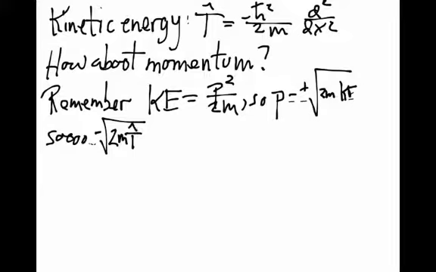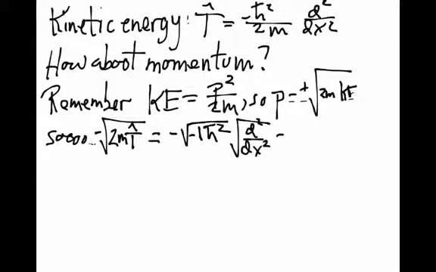Let's take the negative sign of that plus or minus square root, and work away on the kinetic energy in quantum mechanical terms. So I'm going to take minus the square root of twice the mass times that kinetic energy operator. That's minus the square root of, let's see, there's a minus 1, h bar squared, and then a second derivative, and so that's equal to minus the square root of minus 1 times h bar, and then the square root of the second derivative.